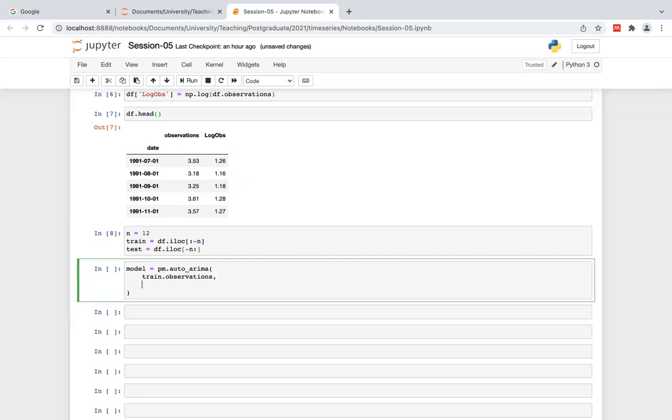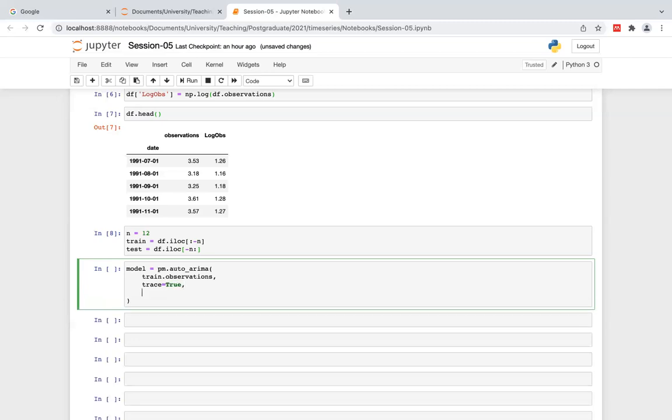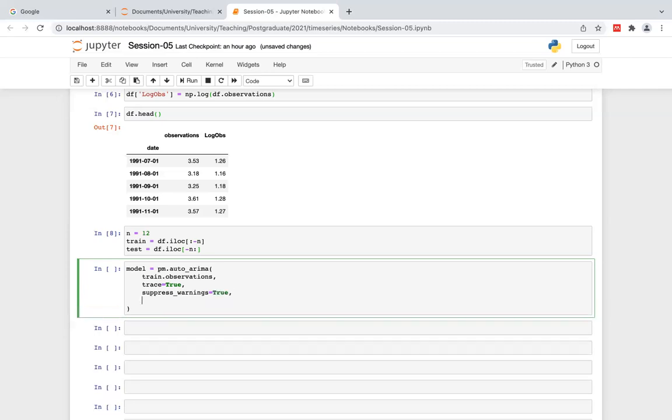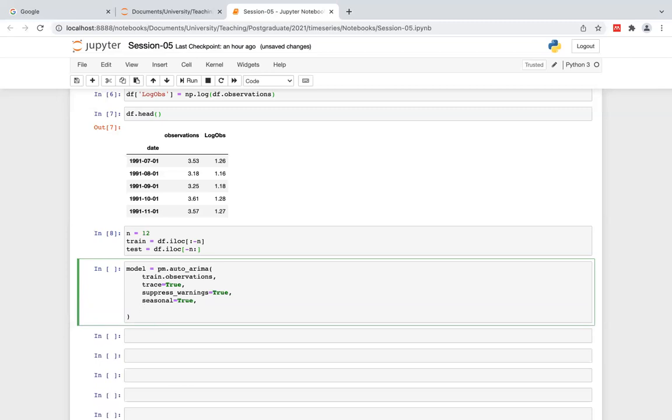Then there are several other parameters as well. Trace, I set it to true in order to trace the logs and things, right? Then suppress warnings, I set it to true. If there is any warning, I can see it. Then another key component, seasonal.